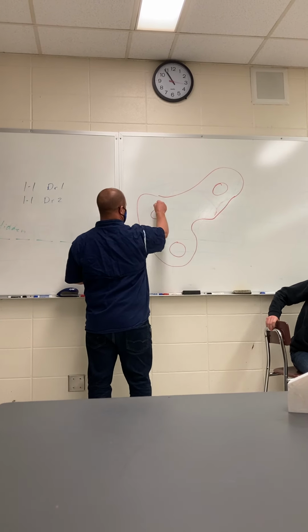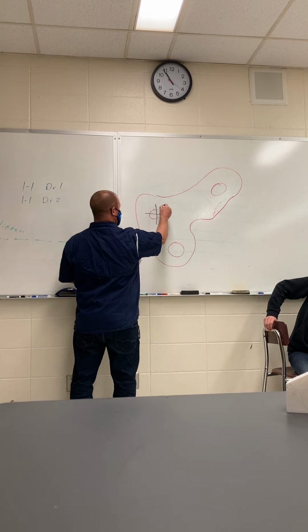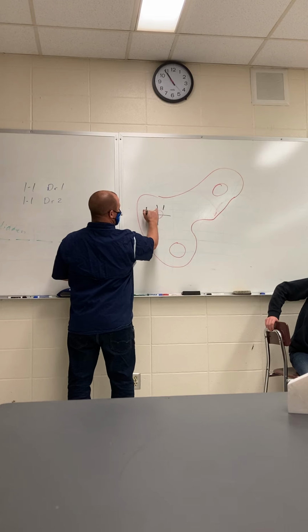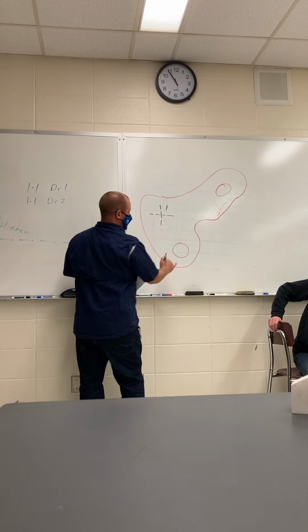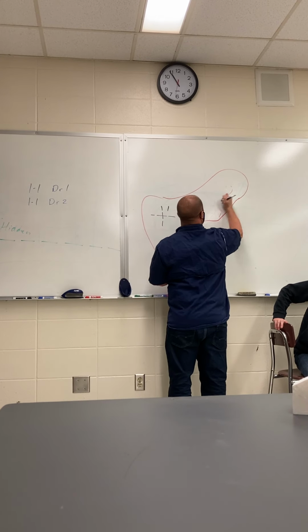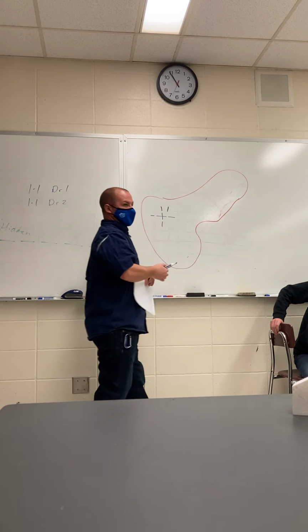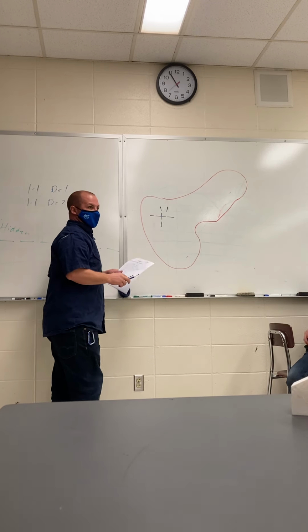You're gonna locate this circle right there. That's gonna be first. You are not gonna draw this circle until absolutely last. Focus on the outer perimeter of this oddball thing.